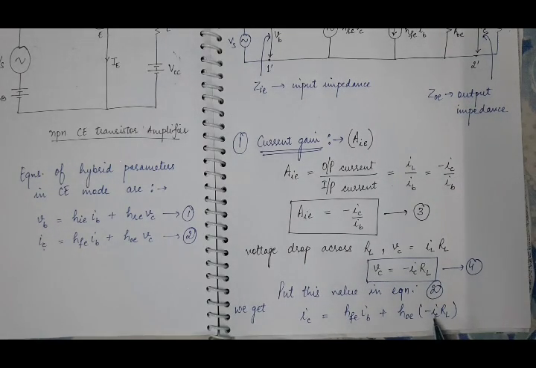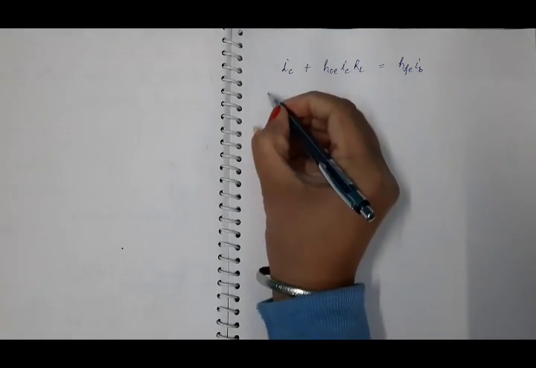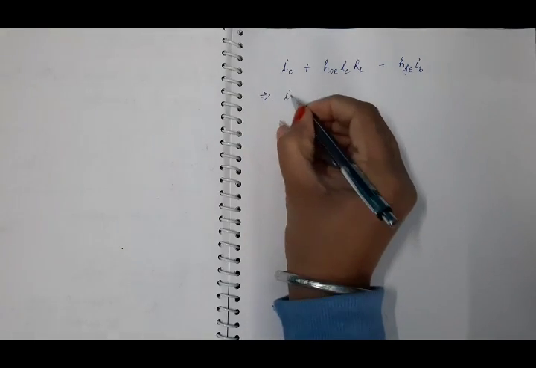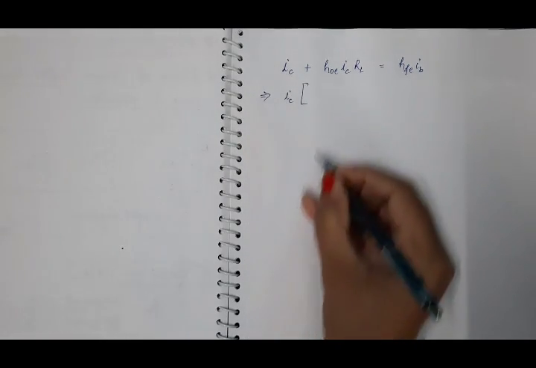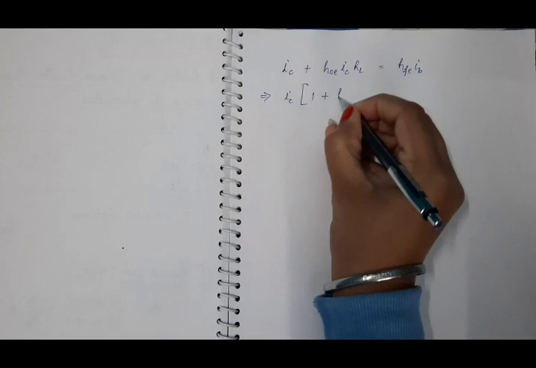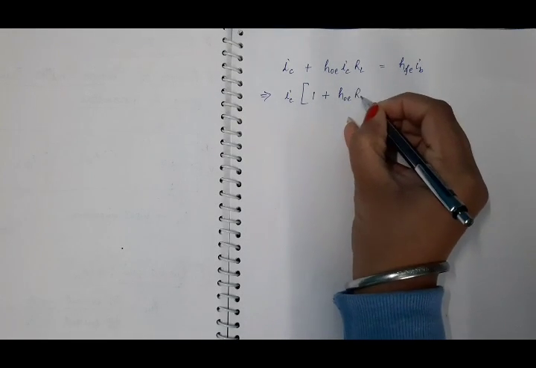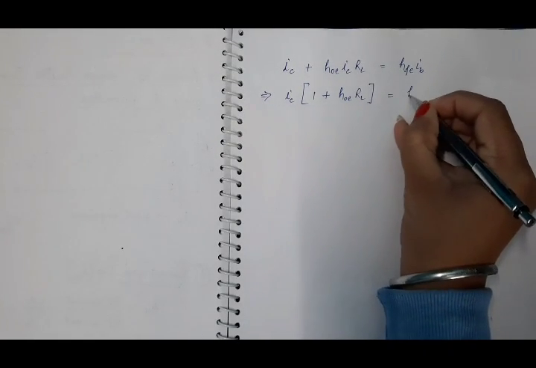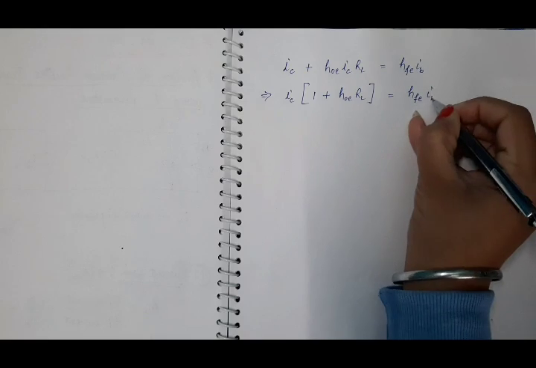Now move this term to the left hand side. Now take IC common and you will have 1 plus HOE RL, and it is equal to HFE IB.